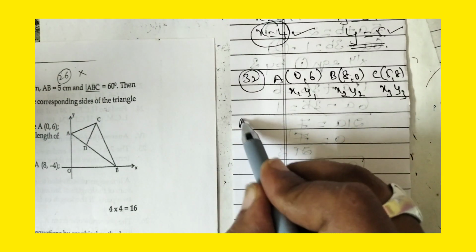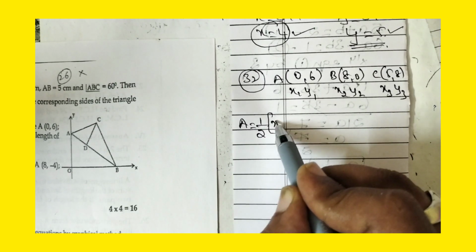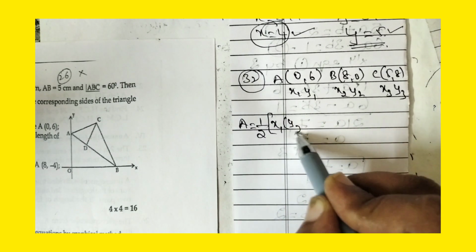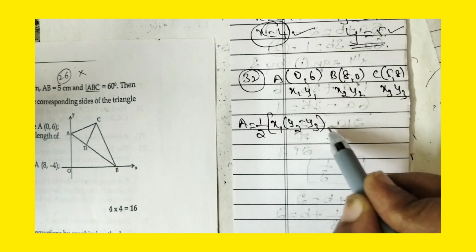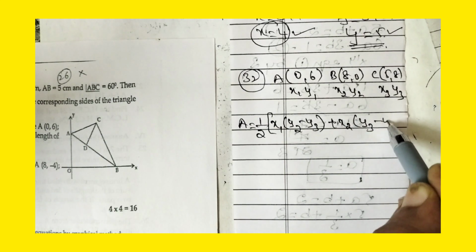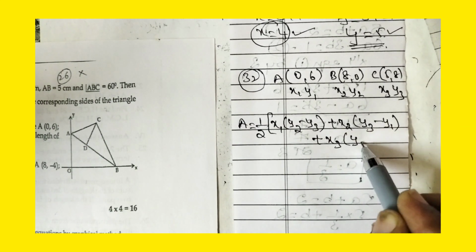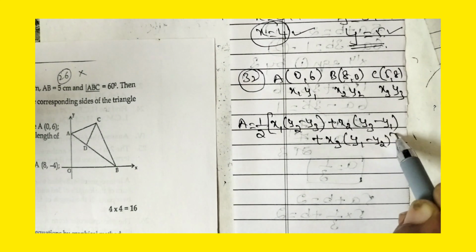So now let us use the formula. Area of a triangle is equal to half into x1 into y2 minus y3 plus x2 into y3 minus y1 plus x3 into y1 minus y2.